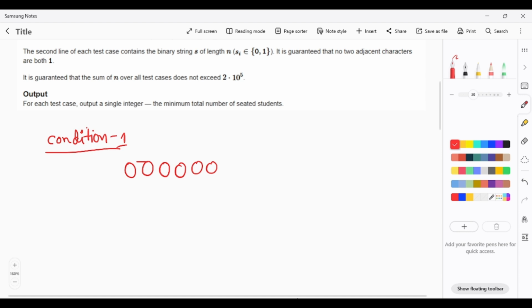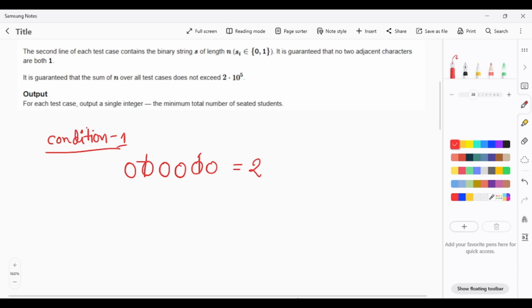If we add one student here and then we add another student here, then the total number of students added is 2. And you can see that we can add no more students here, and if we add any more students here, then the condition will be false because no two students can sit next to each other.